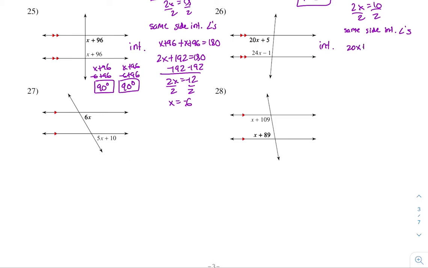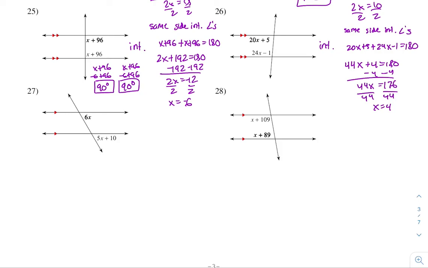So 20x plus 5 plus 24x minus 1 is equal to 180. Combine like terms, so 20x plus 24x is 44x, and then 5 plus negative 1 is plus 4. Subtract 4 from both sides. Divide both sides by 44. And we get x is equal to 4.